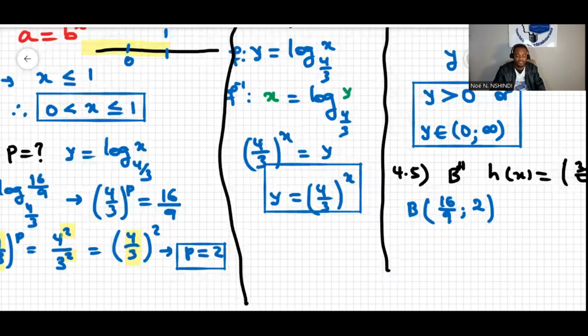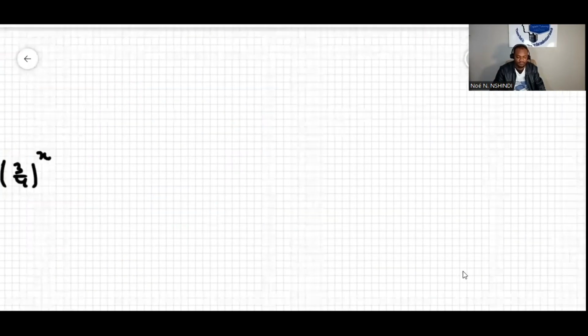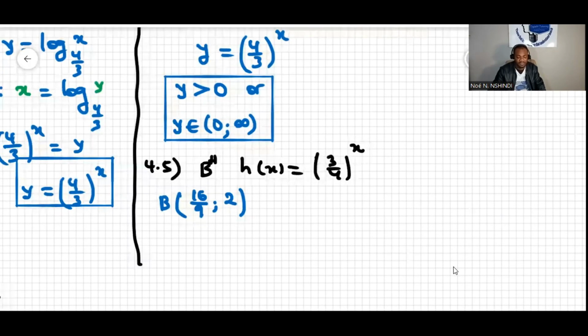Now we're going to reflect it twice on f. So this simply means we are going to do the first reflection on f. It's going to be 2, 16/9, and the other reflection will make a negative here. So 2 reflections.